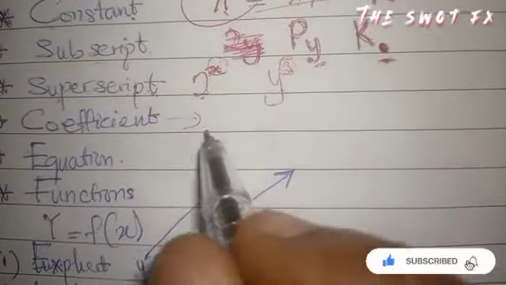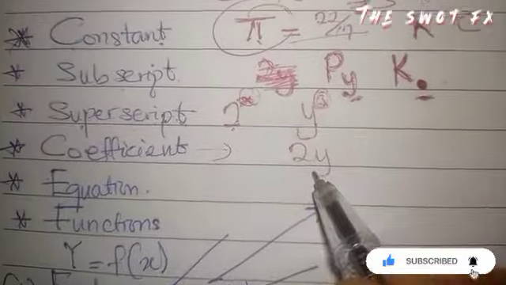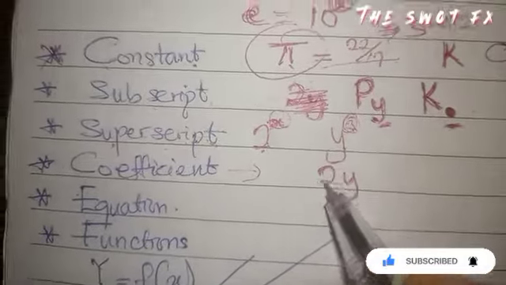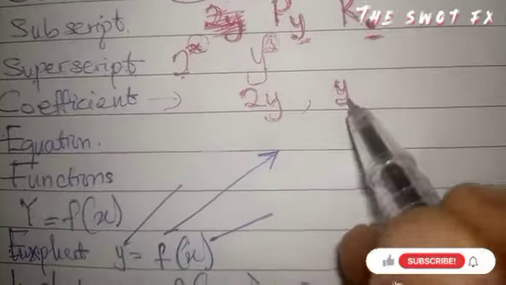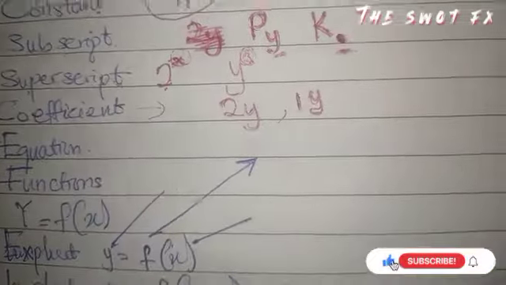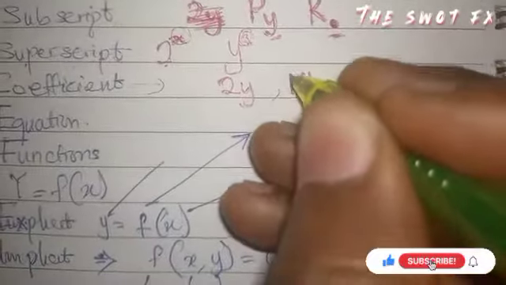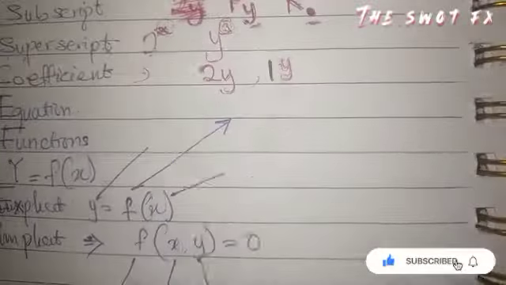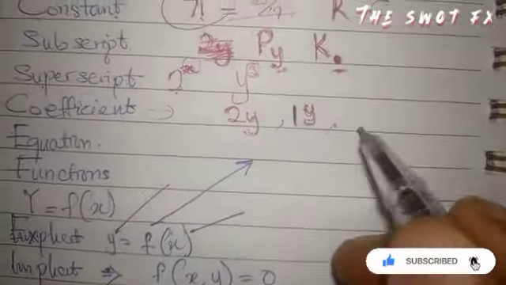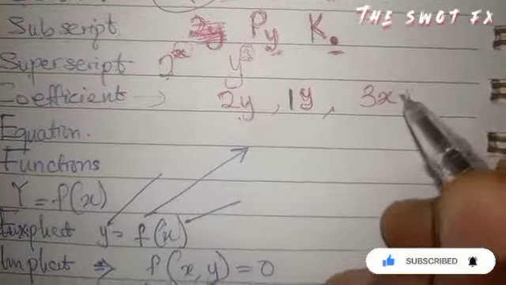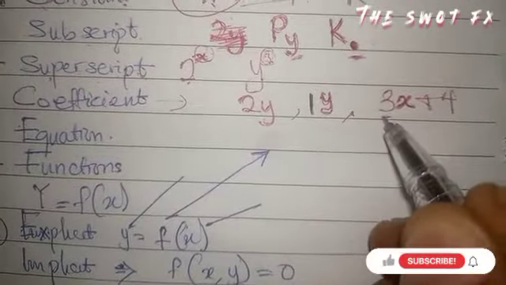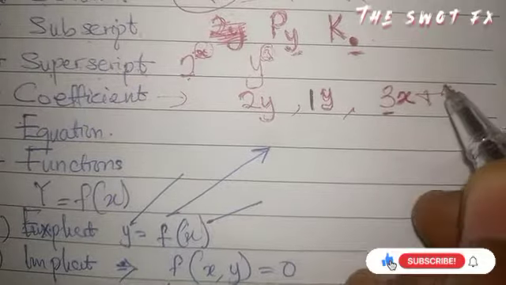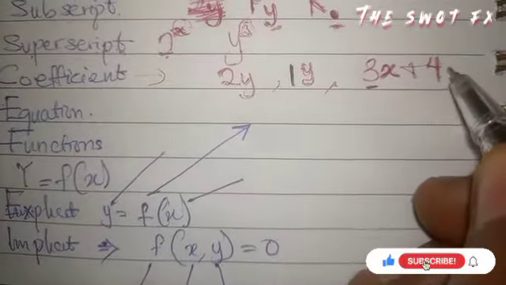Then coefficient. If I have 2y, the coefficient of y is 2. If I have just ordinary y, the coefficient of this y is 1, which is an invisible 1. 1y is the same thing as y. If I have 3x plus 4, the coefficient of x is 3, but this 4 does not have any coefficient.